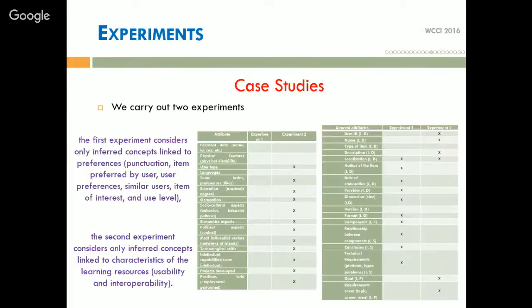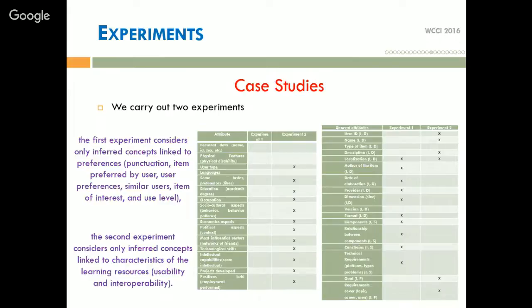Then we developed two tests. The first test is to know if a given learning resource can be recommended to a given student. In this case, we used only the concept linked to preference to know if this relationship can be determined.